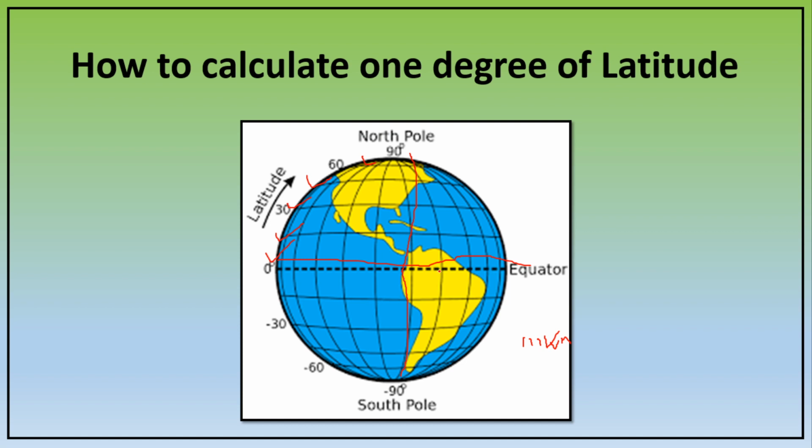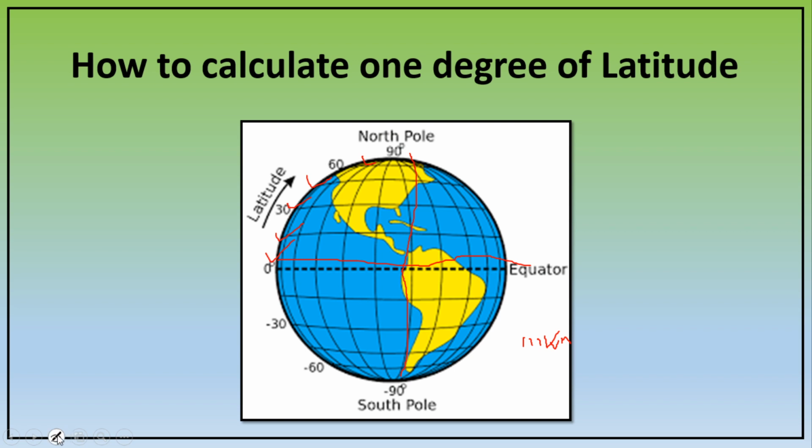So it comes to 90 plus 90 plus this 0 degree, it comes to 181 degrees. So if you are asked how many degrees of latitudes are there, your answer should be 181 degrees of latitudes.